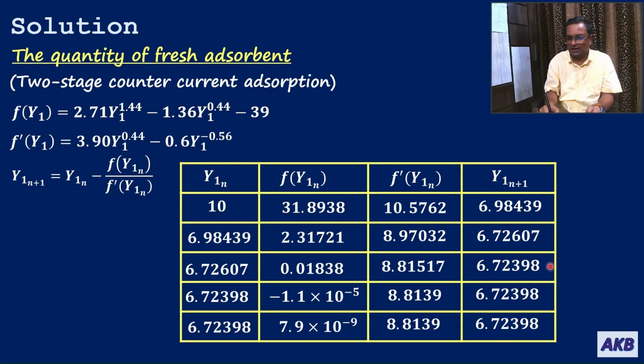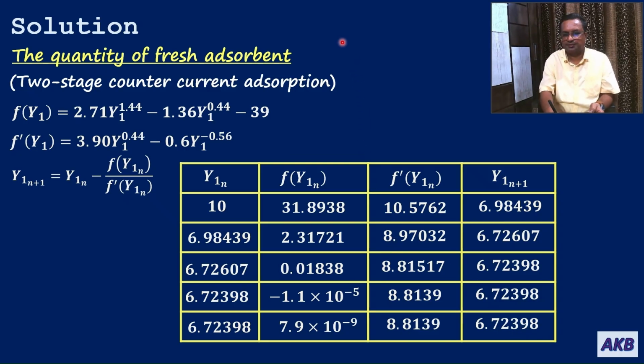As you can check for yourself, after this step you are going to get a constant value for y1. So our conclusion is that the value of y1 that can be obtained by solving the equation is 6.72398. So in this way, we have got the value of y1.